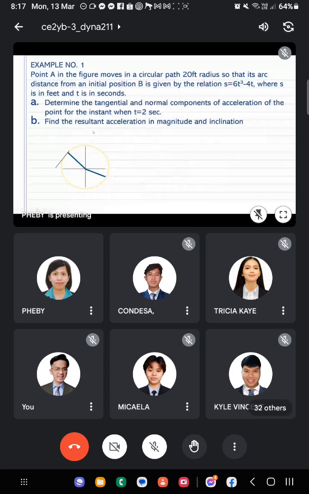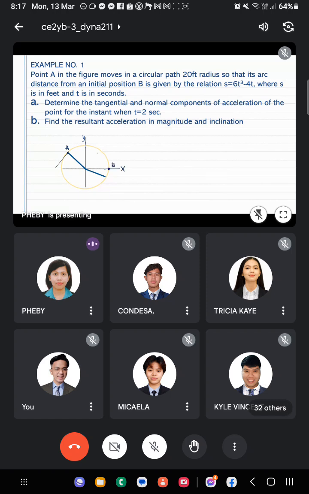Okay. So, para mas maintindihan dito sa ating first example, ano ba yung example niya? So, point A on the figure, hindi naman pala kompleto. So, this is point A, Y, and X. Drawing ko lang ah.